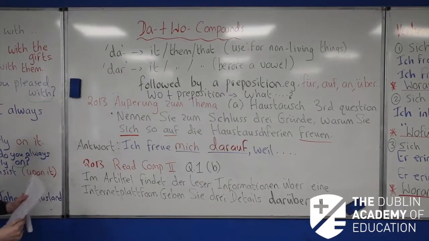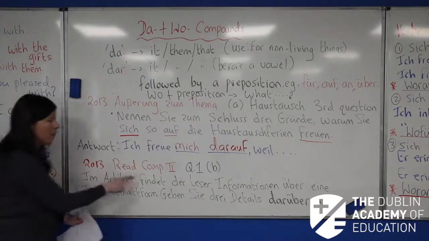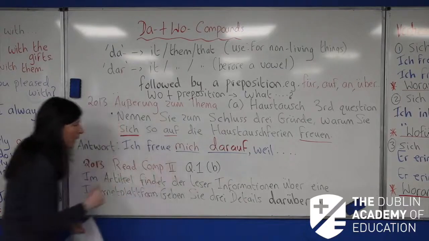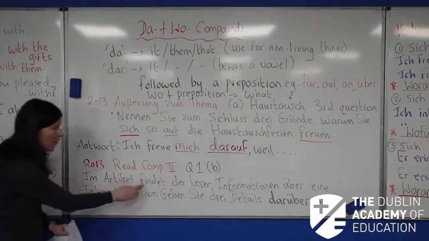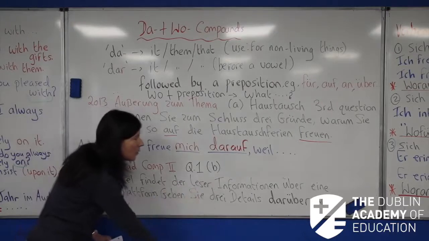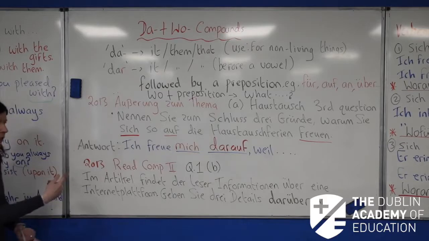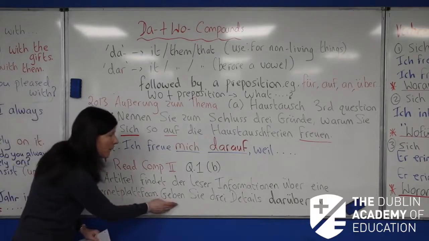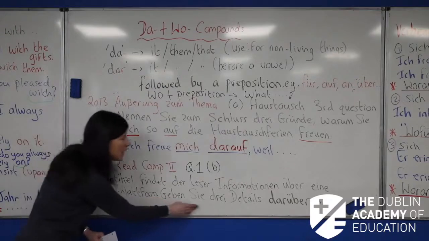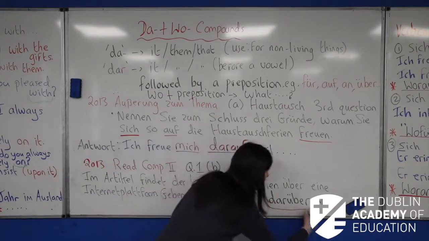Another example of where you'll find these is in the reading comprehension. So if we go back to 2013, reading comprehension text 2, question 1b, had an example. In the Artikel findet der Leser Informationen über eine Internetplattform. So the reader finds information about an internet platform. And then we have the command, geben Sie 3 Details darüber an.